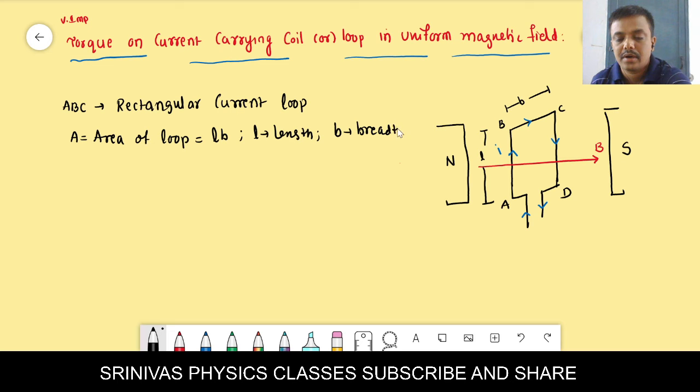Now that rectangular loop is placed in the magnetic field, where B is the magnetic induction, the magnetic field. Now let us take it like this.